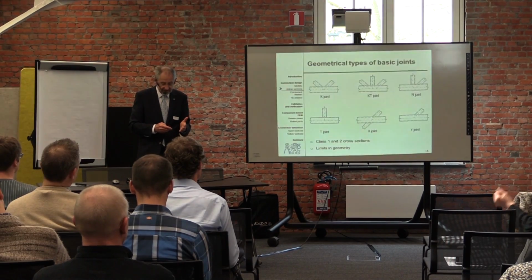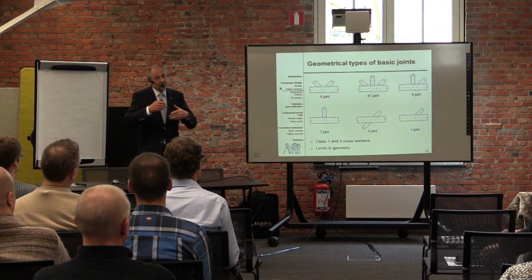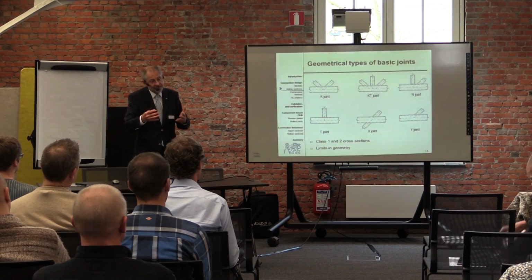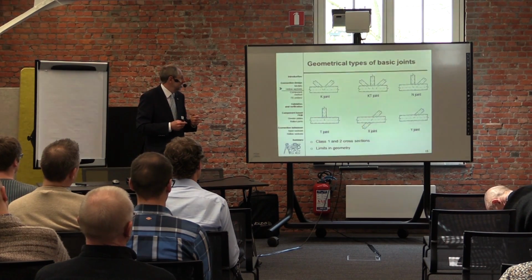For hollow section to open section connections, which are also popular, the model is only in plane, uniplanar. So this is available. The procedure, maybe you are using it every day, so I'm a bit handicapped.